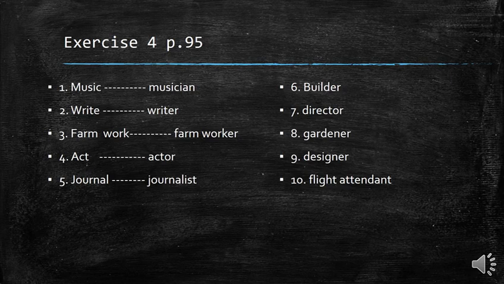You have the word build becomes builder. Then you have the word direct, it becomes director. Garden, gardener. Design, designer. Notice that most of them end with er, but other suffixes are also common. Then you have the word flight attend, so it becomes flight attendant, A-N-T.